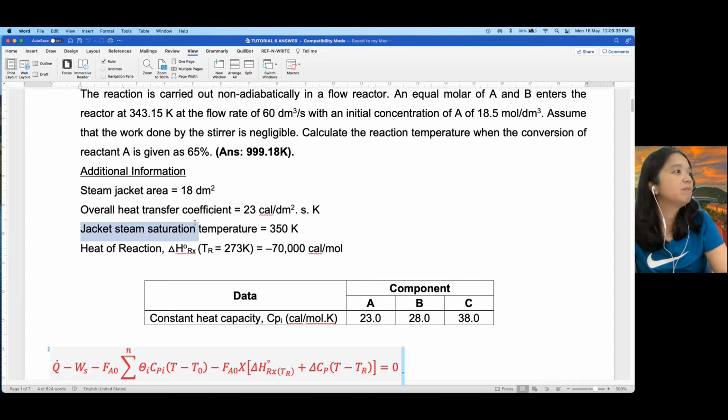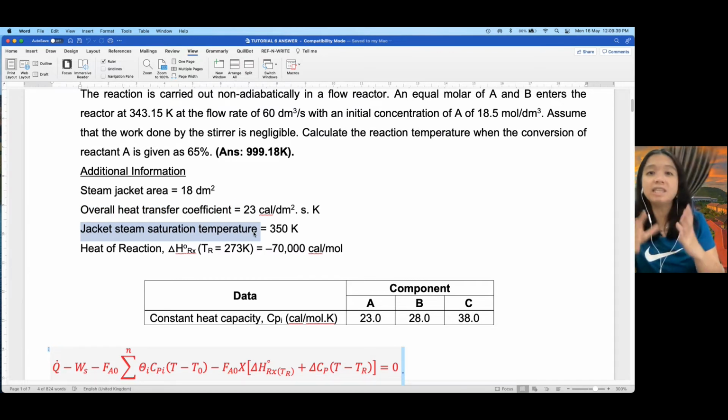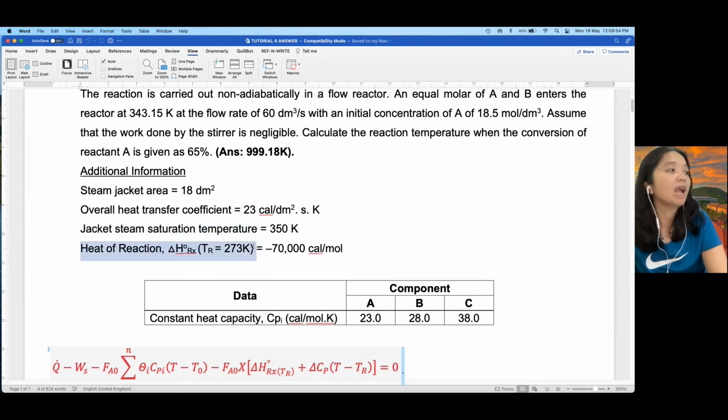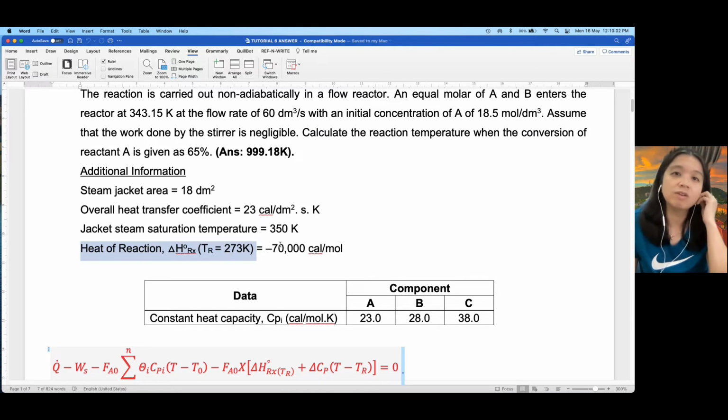Next, jacket steam saturation temperature. So this is basically TA, the heating fluid inlet temperature that you will use to calculate again the Q value in the energy balance equation. It's 350 Kelvin. Next one, heat of reaction at reference temperature, of which the reference temperature is 273 Kelvin, and this heat of reaction is negative 70,000.